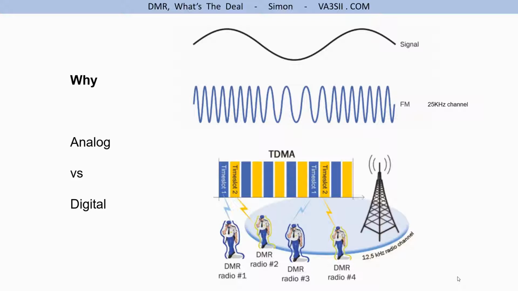FM at 12.5 kilohertz. But basically each 25 kilohertz block will carry one signal, whereas DMR uses time division multiplexing.